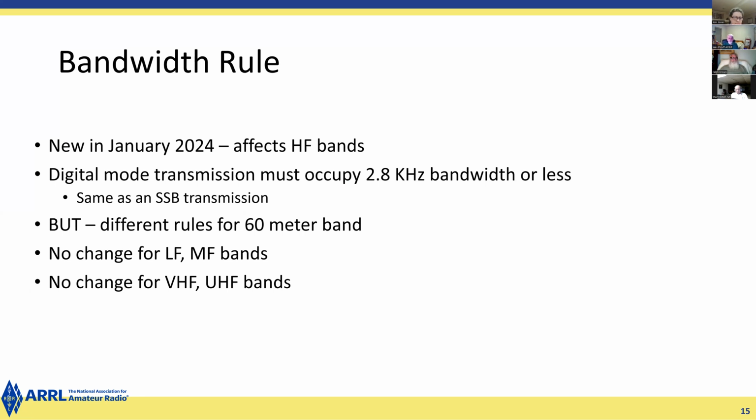And the VHF bands, and I think 440 megahertz, have baud rate limits. In other words, data rate limits for digital transmissions. And higher bands than that have bandwidth limits. And the FCC is considering changing the rules to all bandwidth limits.